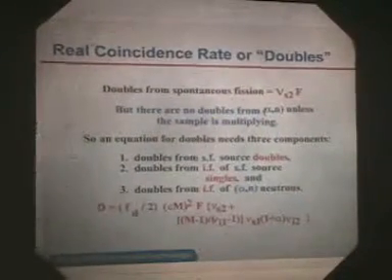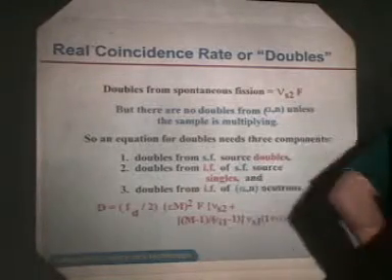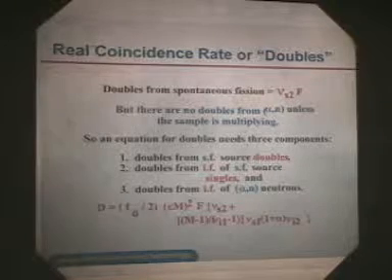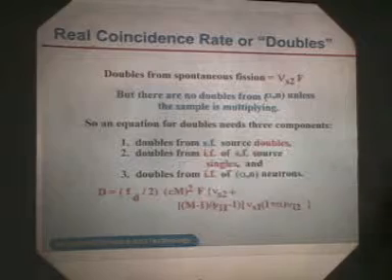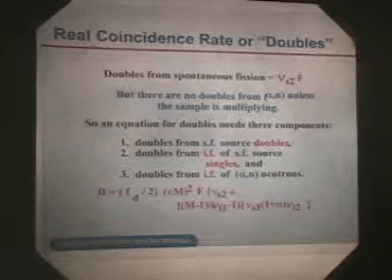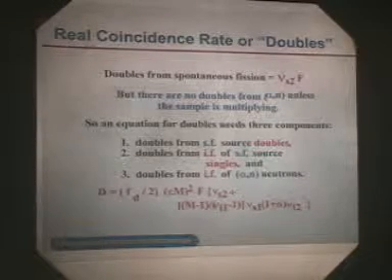The same thing applies to the doubles, except now we don't get any doubles from alpha n neutrons at all, because alpha n's never produce doubles, they always produce them one at a time. So we only get doubles from spontaneous fissions. Remember, that was the whole point of coincidence counting. Coincidence counting, the green, coincidences or reals, was specific to fissions.